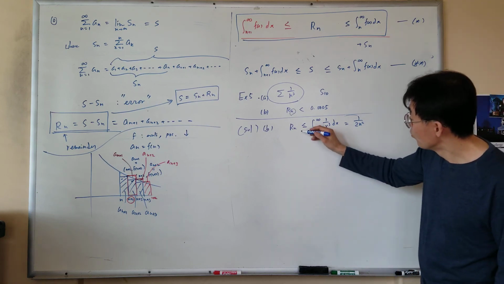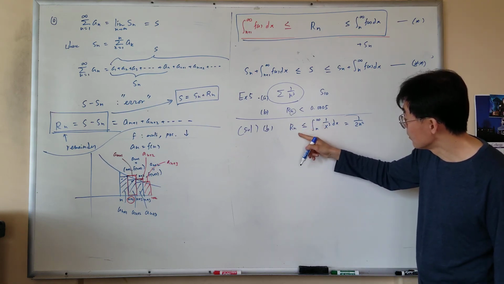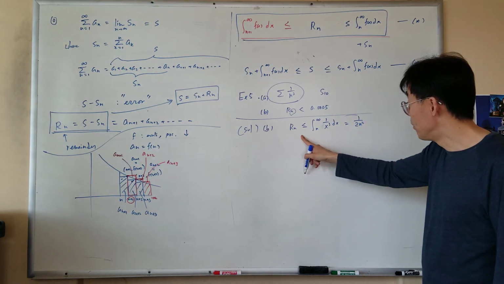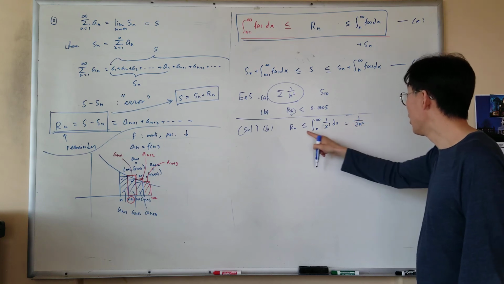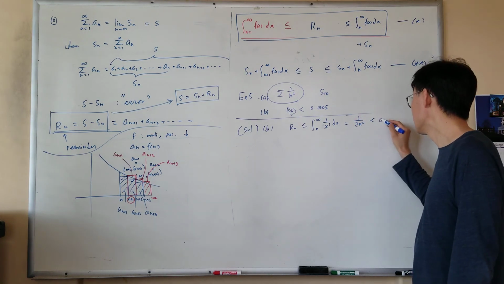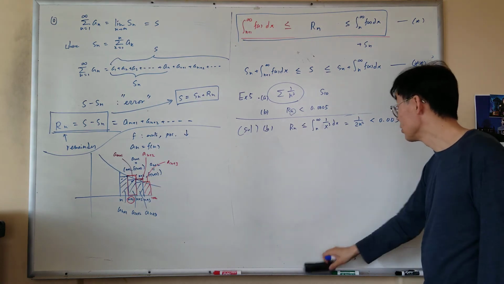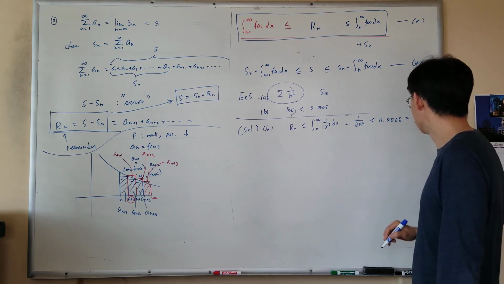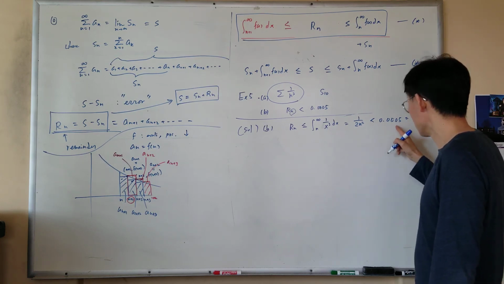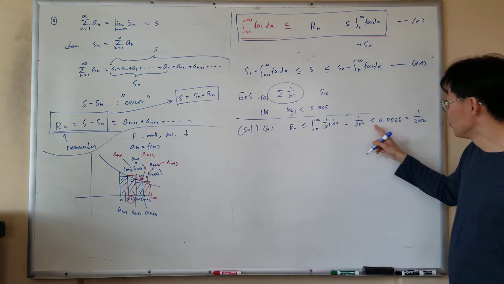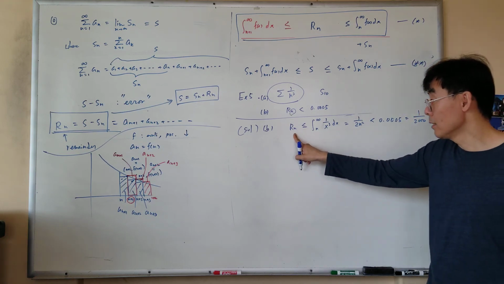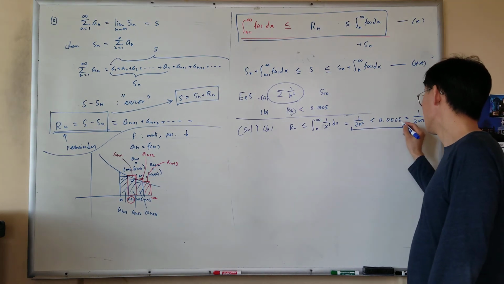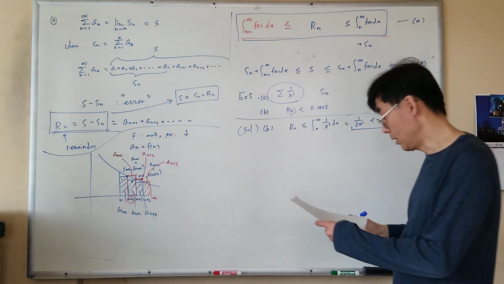Now, we don't know exactly what R_n is, so we cannot control it directly. But if we make this upper bound less than 0.0005, which I think is 1 over 2000, then automatically R_n will be smaller than this, right? So we try to solve this inequality.